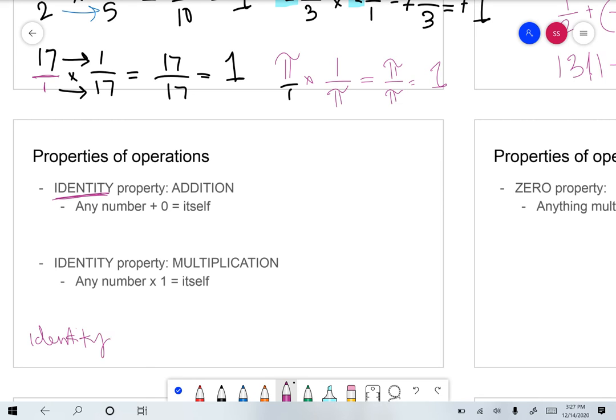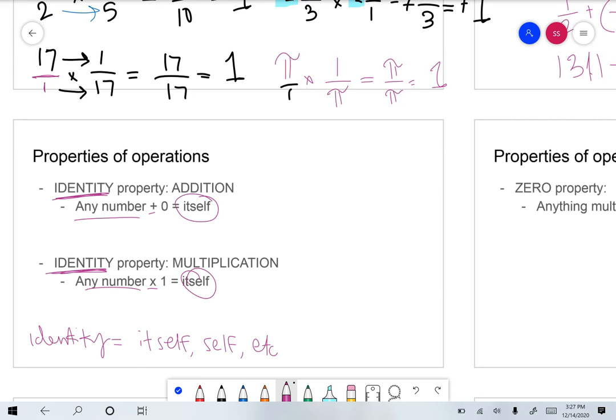Identity. I mean, really identity means it's itself, or the self, or sense of self, or what you're about. So to remember what identity means, essentially we're taking any number and either adding something or multiplying something to make it equal itself.